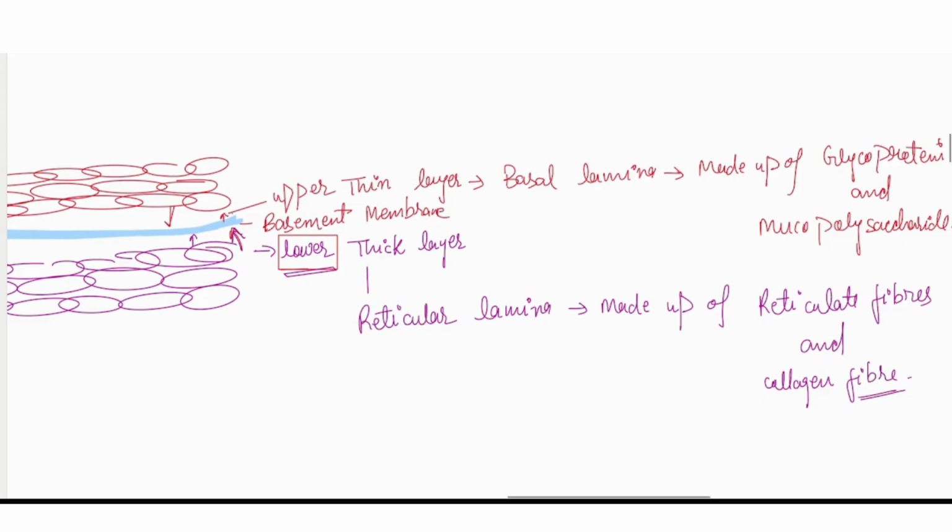The basal lamella is the upper part of the basement membrane, facing the epithelial tissues, and the reticular layer is the thick layer facing the connective tissues, made up of reticulate fiber. These two you have to remember.